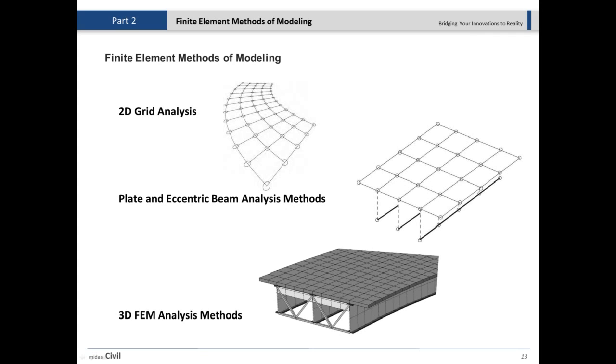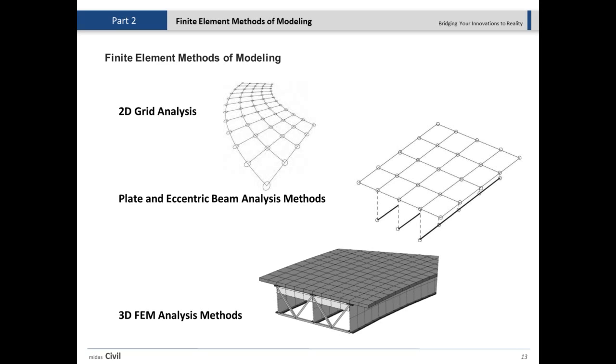All right. So, coming back to the modeling part. The first part was about the consideration and the effect or behavior of curved and skewed bridges. Now, an engineer should be able to analyze and understand these effects and see those effects in the analysis.